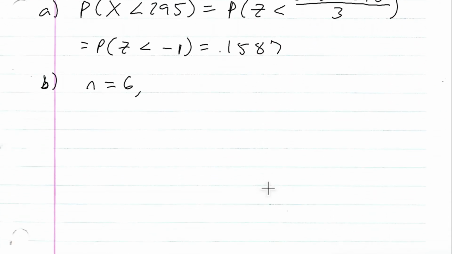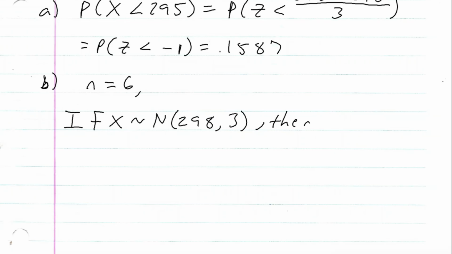Okay, so we know if X follows a normal distribution, right? So it was 298 and 3, then X bar follows a normal with the mu of X bar the same as mu of X. Actually, I'll just put this in general. So mu of X and standard deviation of X, right?